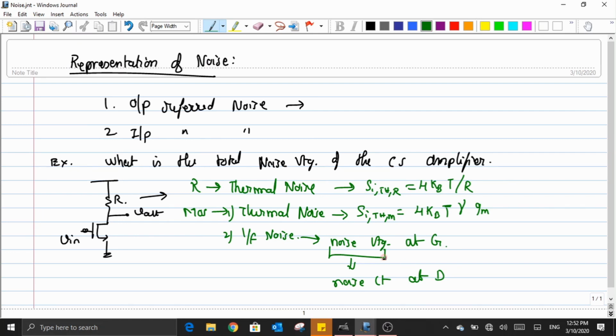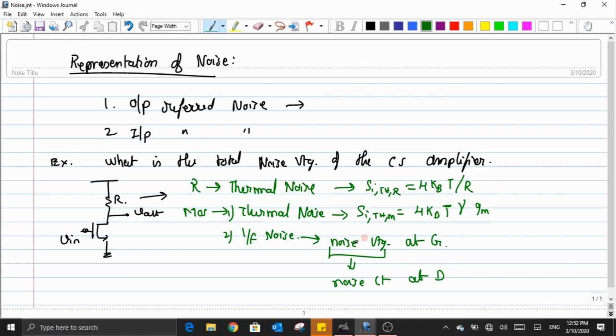So how will I convert a noise at the gate terminal to a noise current at the drain? Gm squared, because the transfer function from this input to the output current is nothing but our Gm term. Clear?